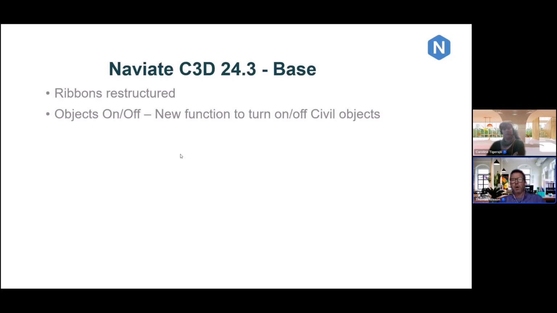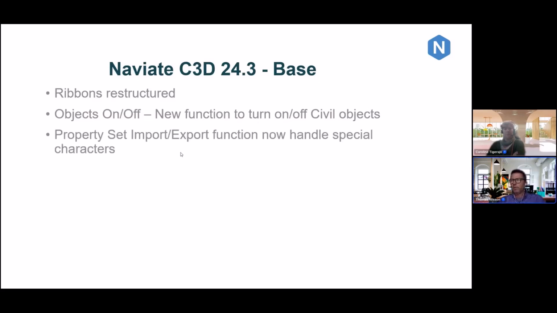We have a new command called objects on off to turn on and off civil objects. We've worked a lot with property sets where we've had issues handling special characters like semicolon, backslash, extra comma, and so they now work.